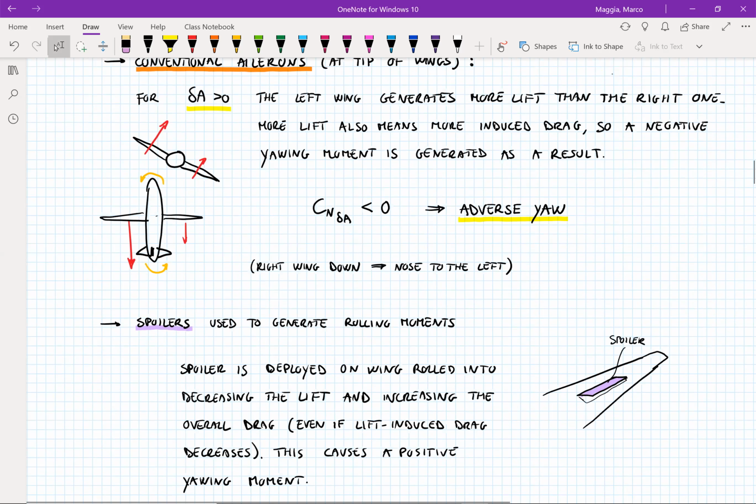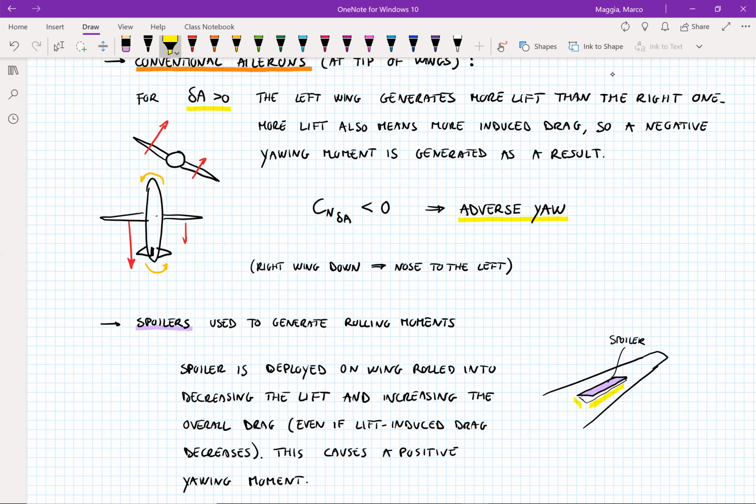Now, there's another way we can roll the airplane, and that is by using spoilers and not conventional ailerons. So spoilers are control surfaces that are on top of the wings, like in this case.